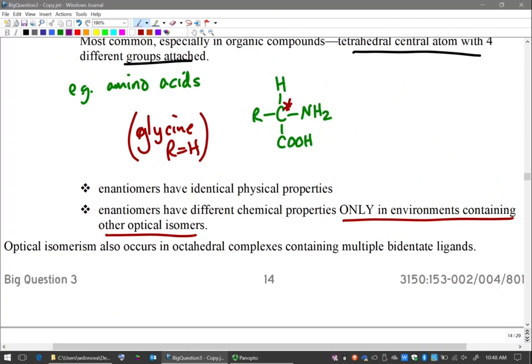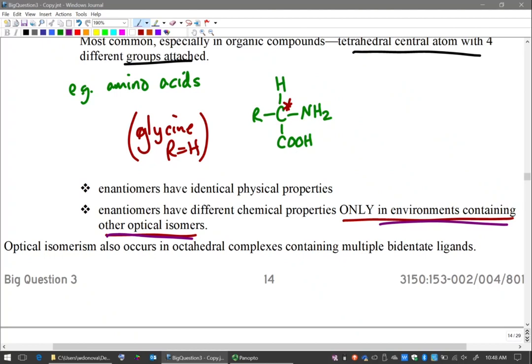Optical isomers and enantiomers have different chemical properties in environments containing other optical isomers. So if you eat some synthetic supplement with amino acids and it's the wrong isomer, your body won't be able to use it because your body's made of proteins that use the other isomer. And this is true for a lot of things that involve isomers.